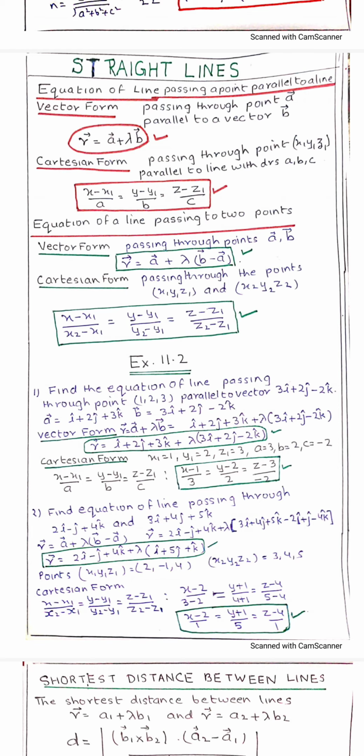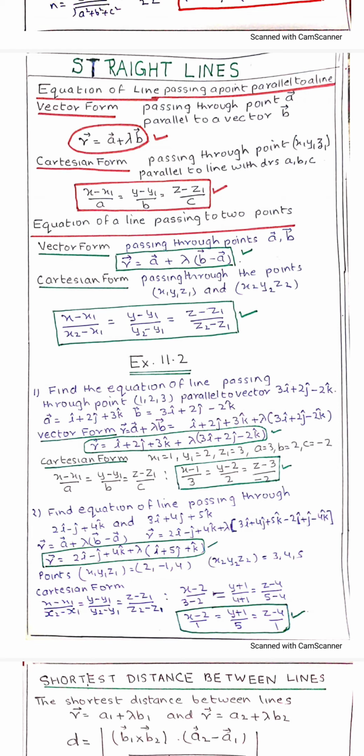Equation of a line passing through 2 points, in vector form: passing through points vector a and vector b. Note vector b is over here a point. In the previous one it was a parallel vector. r vector is equal to vector a plus lambda times (vector b minus vector a).